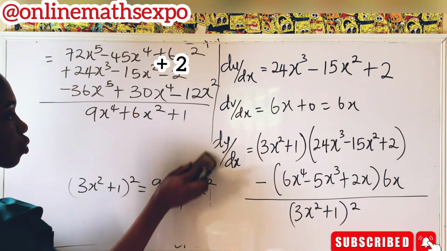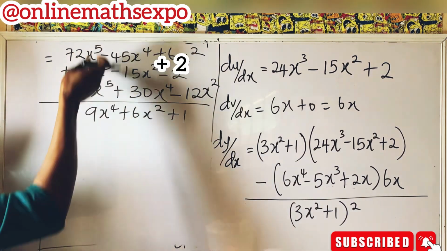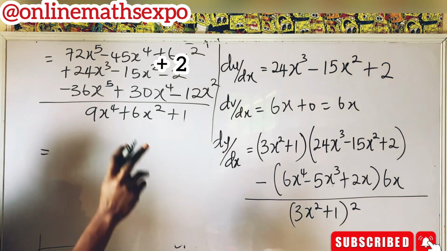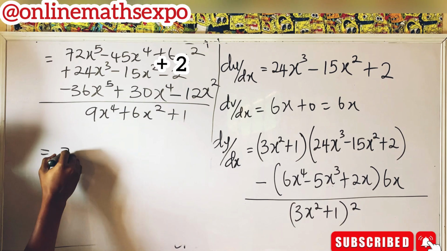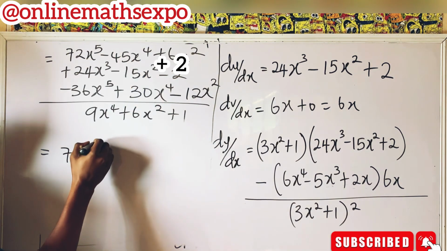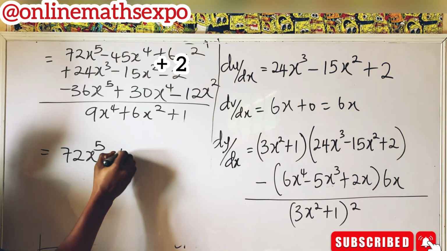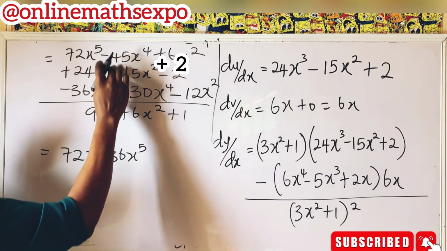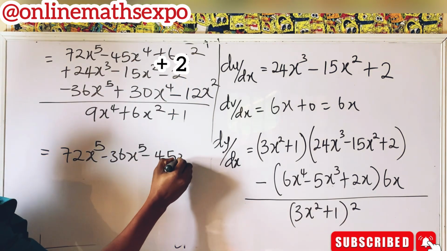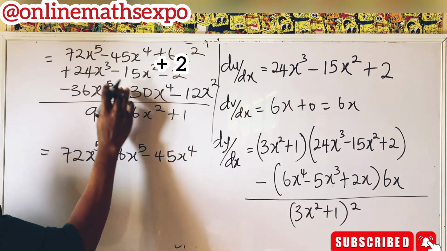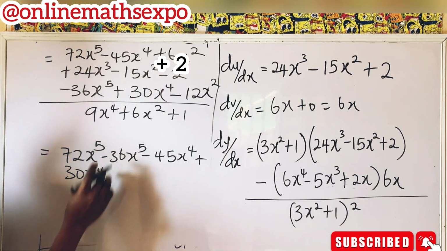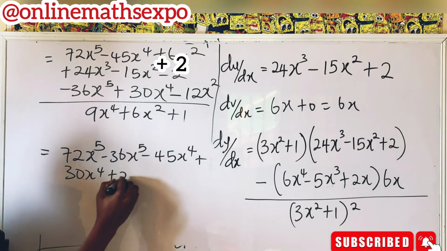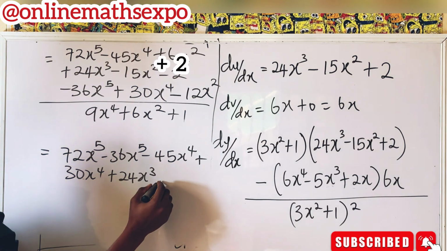So at this point, we are going to now have, collect this together. Remember, you collect the same powers together. So we are going to have 72x to the power of 5. Collect it with 36x to the power of 5. Then we have negative 45x to the power of 4. Collect it with this, followed by the one of cube. We have 24x cube.